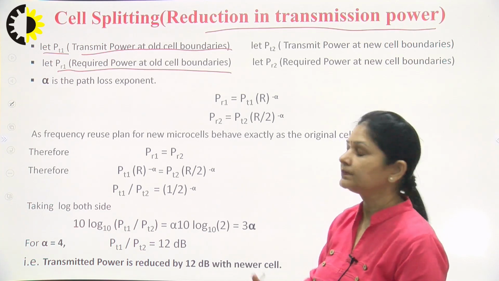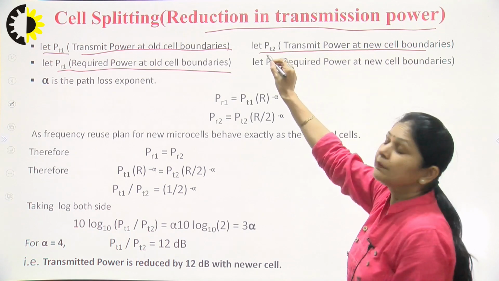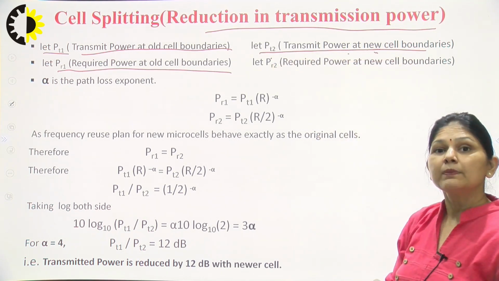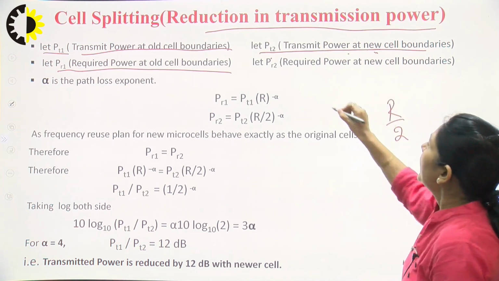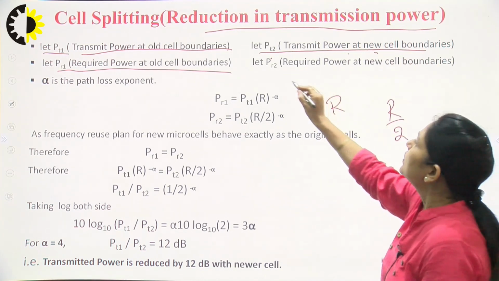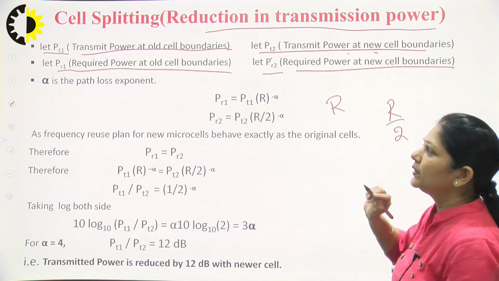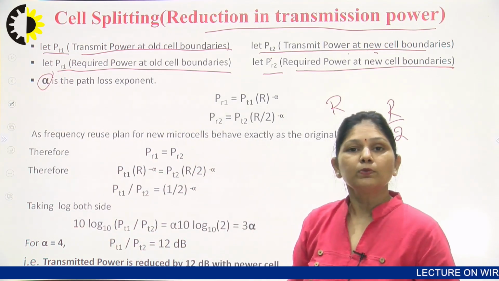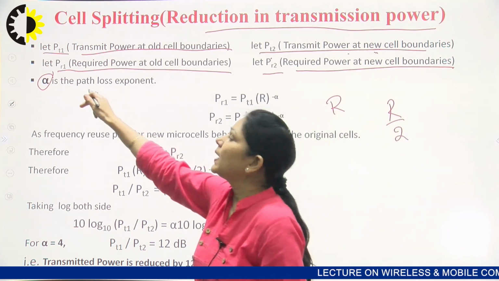Now consider PT2 as the transmit power at the new cell boundary, where we have taken the radius as r/2, while earlier we had taken the radius as r. PR2 is the power required at the new cell boundary. Whenever we are talking about power, we have to consider a parameter alpha, called the path loss component.